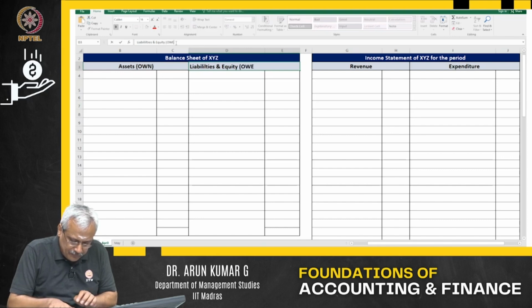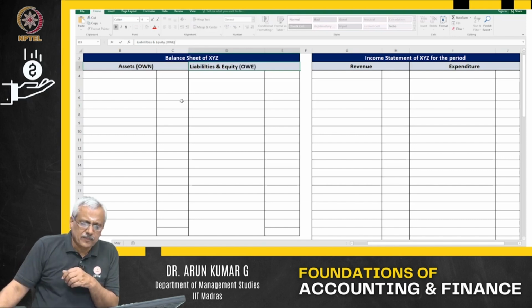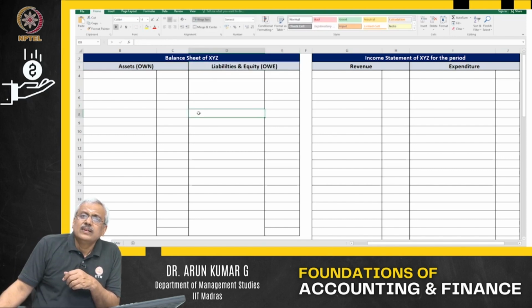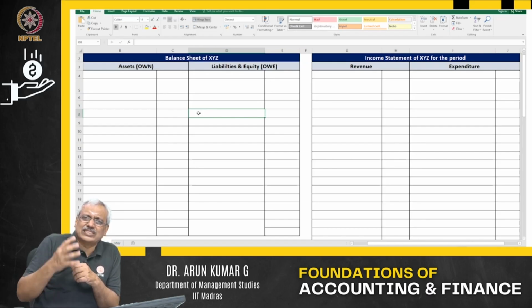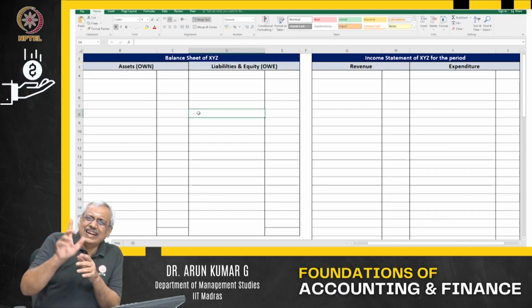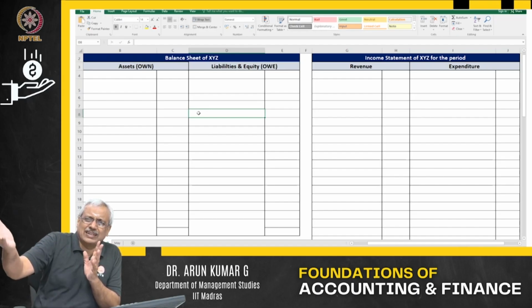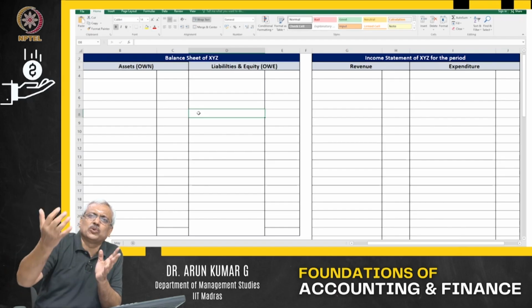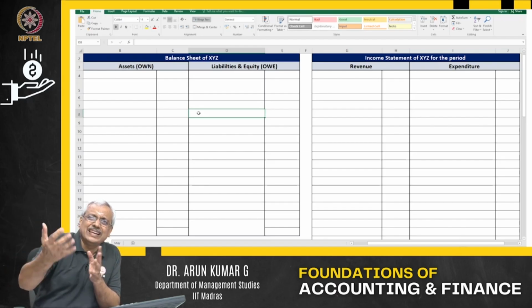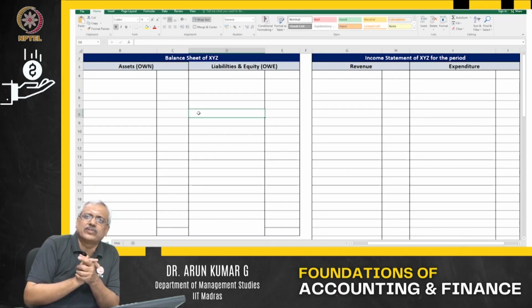So, the moment the entity XYZ has collected 10 lakhs from each one of us, that is, it has collected 20 lakhs from us, the entity owes that money back to us. When the entity is going to wind up, that is the capital. I have contributed capital and if the entity decides to close down, we decide to close down, the entity owes back that money to us.